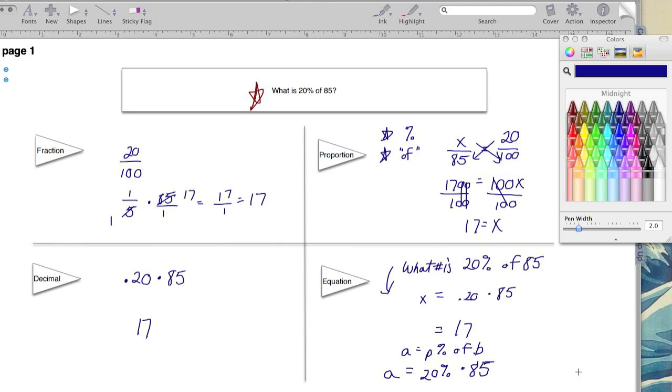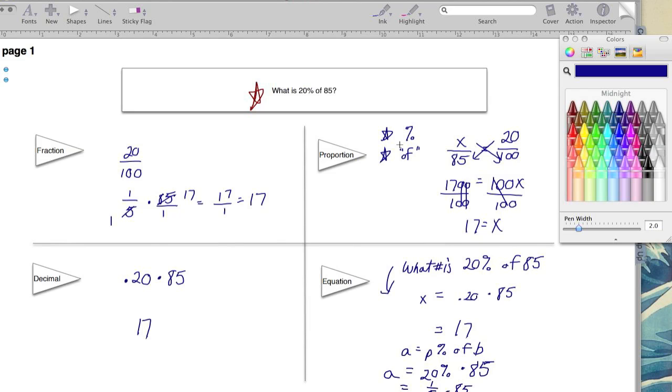And here again, you can choose to either turn this into a decimal, 0.20, or a fraction, which we saw here is 1/5. So we see that the methods are very similar because essentially this is the same as this problem. This method is the same as this problem, and the proportion one kind of combines elements of both.